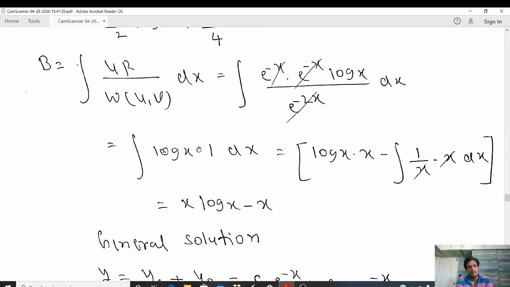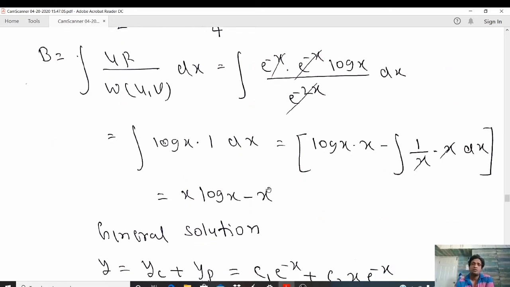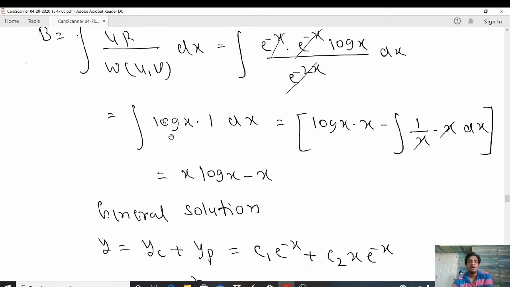We can directly write the log x integration also, but I have derived it. I have written log x as log x into 1. So first log x and the integration of 1 is x, minus the differentiation of log x, which is 1 by x, and the integration of 1 is x. So x gets cancelled. It is x log x minus the integration dx, which becomes x.